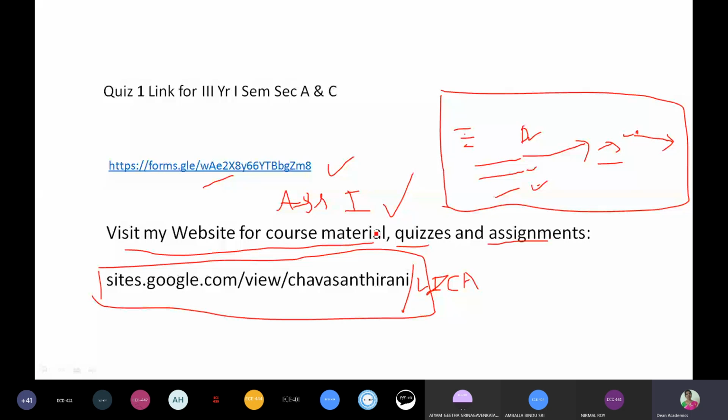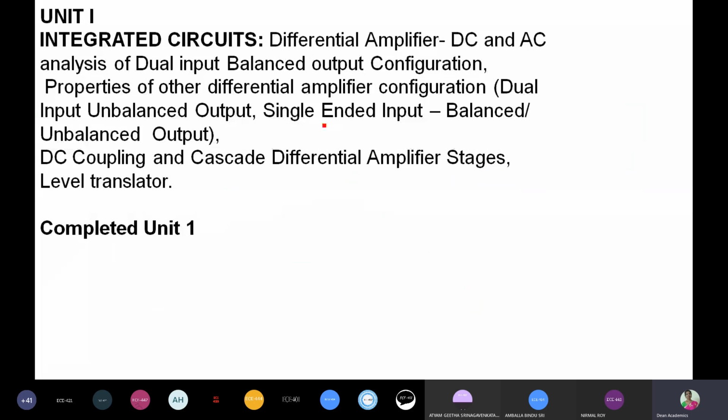So with this I can say we have completed our unit 1: integrated circuits, differential amplifiers, DC and AC analysis, dual input balanced output, properties of all the amplifiers, DC coupling, cascaded differential amplifier stages, level translator or level shifter, all that. With today's class we have completed unit 1, right? In tomorrow's class, if possible, I will try to recap unit 1, these level shifting circuits, if required.